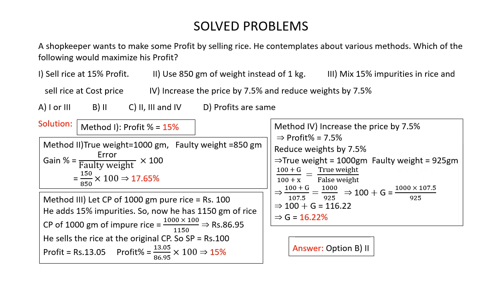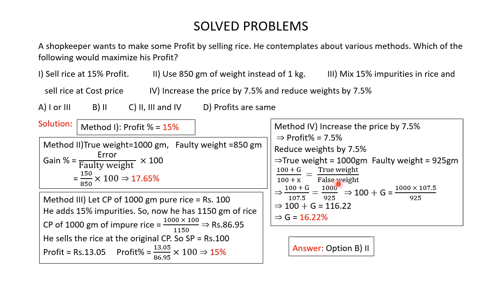Now to find the overall gain percent, use the formula (100 + G) / (100 + X) is equal to true weight divided by false weight. Here G is the overall gain percent and X is profit or loss percent. Now here we know that the true weight is 1000 grams, false weight is 925 grams, and X we have found as 7.5% profit.